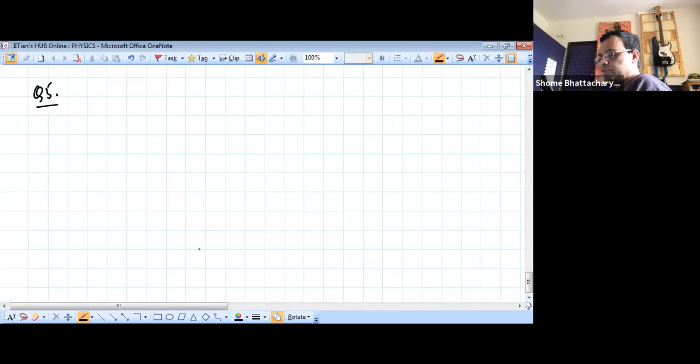Okay, so in question 5, the sum of 3 forces is 0. Then we have to find the third one of the 3. So forces F1 and F2 are given to us.